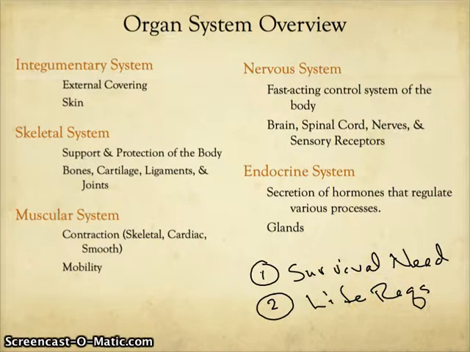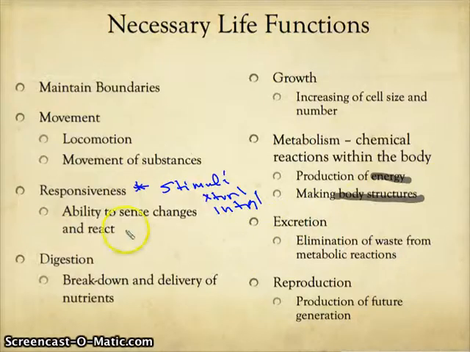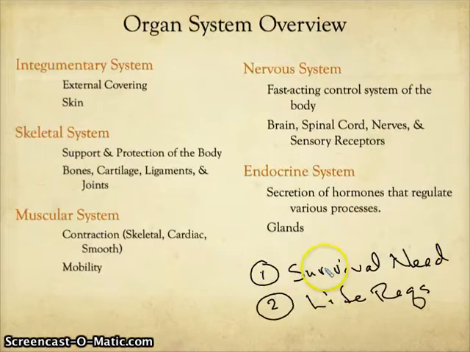When you look at life functions, muscles are movement, locomotion, and movement of substances. So that's a pretty easy one to link up. You just want to make sure you're going through each of these as you put down the basic function, their overall purpose, and link up to a survival need and a life requirement.